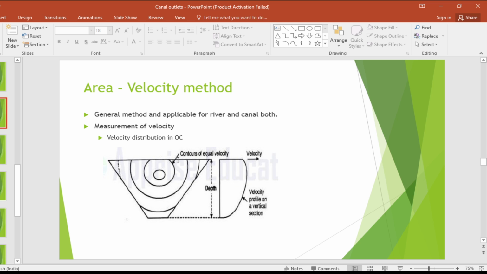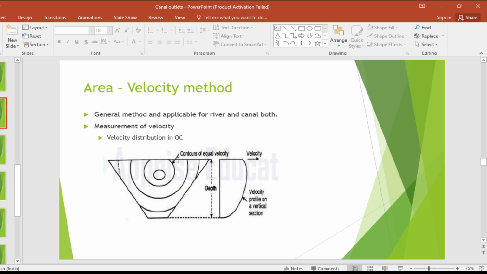This is a more general method and is applicable for rivers and canals also. This method consists of measuring the area of a particular channel section, and also the measurement of the mean velocity of flow through the channel.